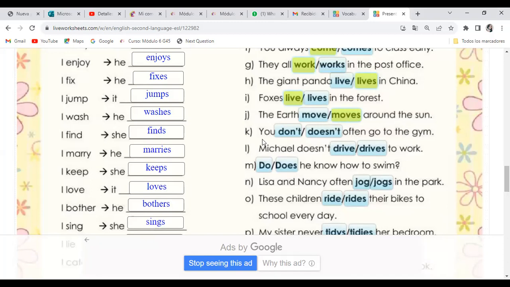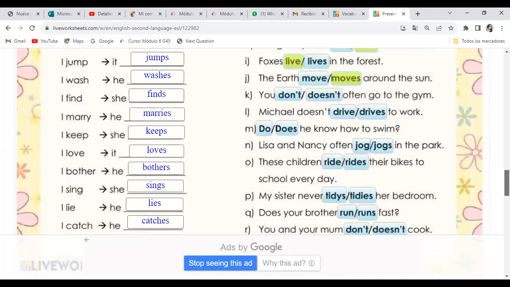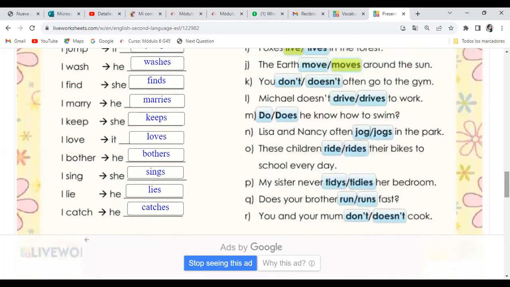What about letter K? You don't or you doesn't often go to the gym. That is very easy, guys. What is the auxiliary that you use for negative? You don't or you doesn't? Don't or doesn't, guys? Don't.